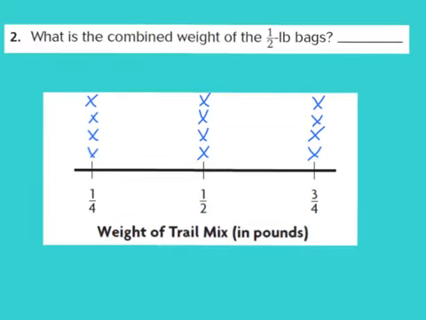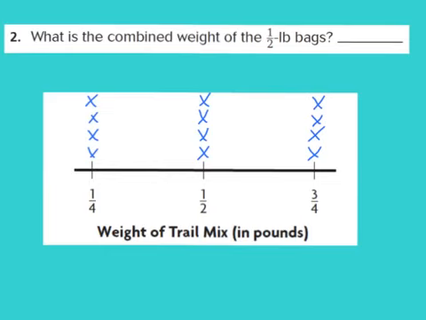Now let's take a look at question number 2. Question 2 says, what is the combined weight of the 1/2 pound bags? So what I'm going to do this time is, in my line plot, I'm now going to focus on the 1/2 pound bags. And what I know is this, based on the number of x's, there's 1, 2, 3, 4 1/2 pound bags.